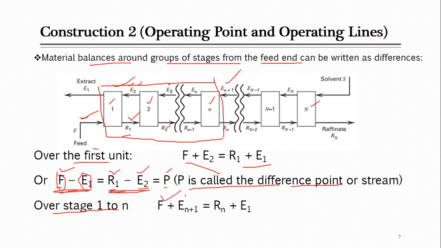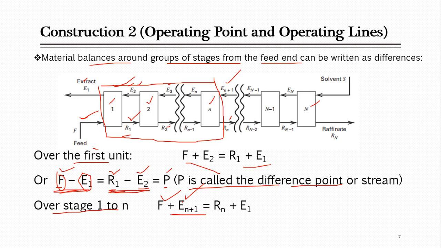So as written here, input is equal to output. The outputs are Rn and E1, so you can see Rn plus E1 written. Now if I have to write it in the form of the difference point, you have to rearrange it in such a way that you get something like feed-rich stream minus extract-rich stream, because extract is actually the solvent-rich stream.